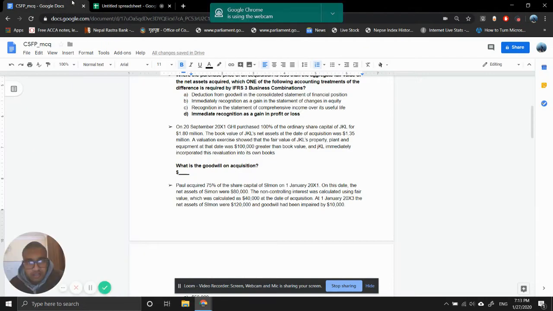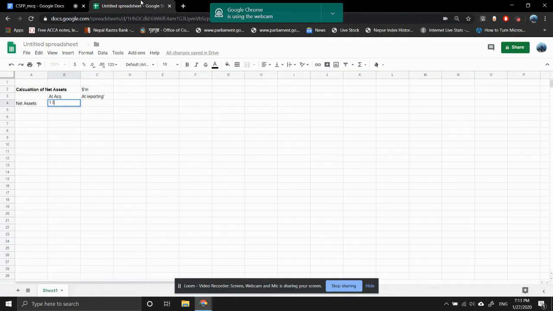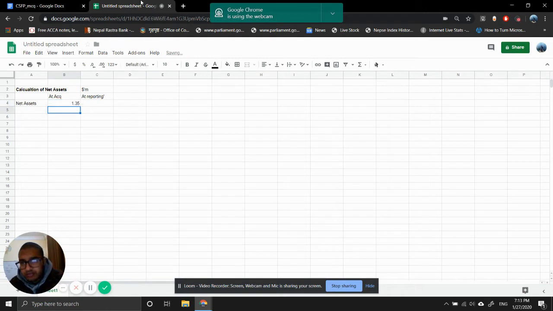So it's 1.35, and then after that 100,000 divided by 5 years. So that's our fair value adjustment, right? The question has not given us what it was at the reporting date.